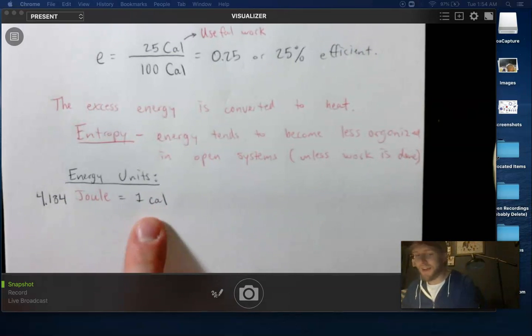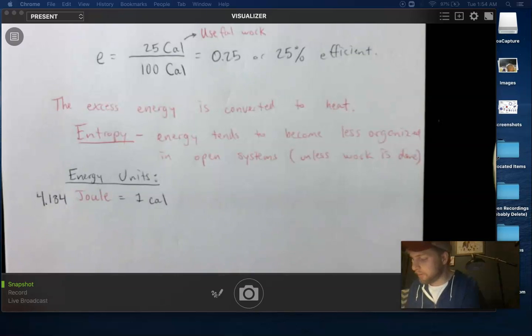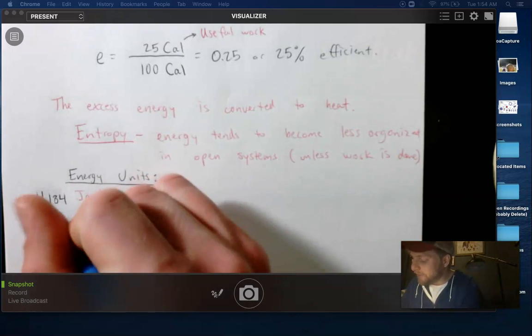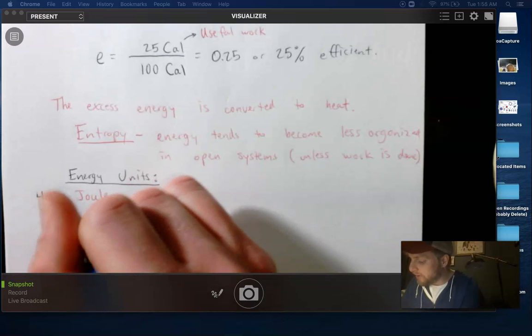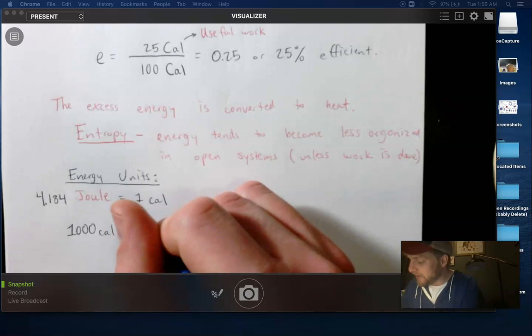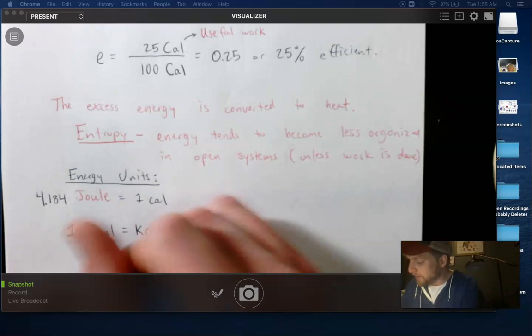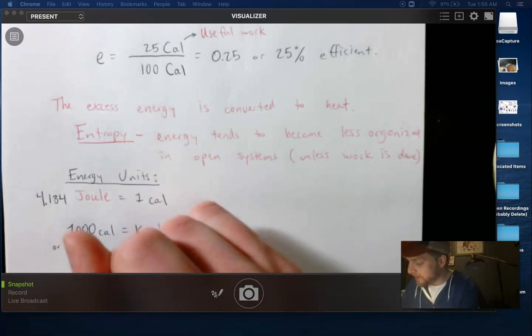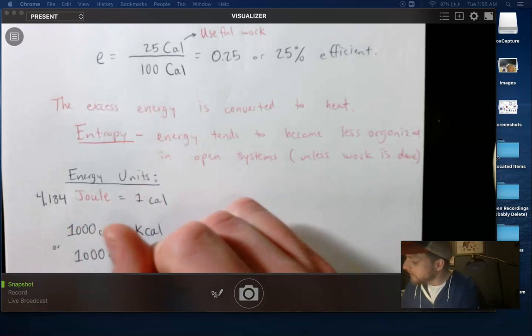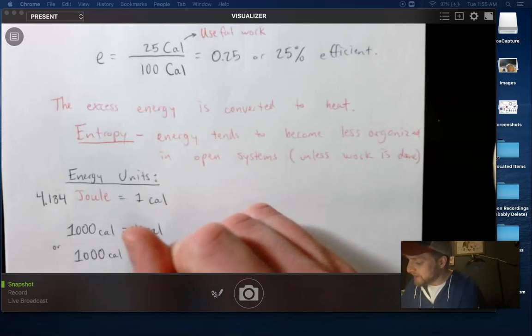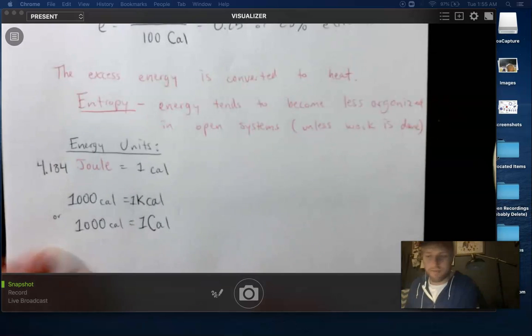Now, to be clear, this calorie is not the same calorie I was talking about before. So 1 lowercase calorie, or let's say 1,000 of those calories, is called a kilocalorie. Or in America, we usually just write it like this. So that's 1 kilocalorie, or 1 big C Calorie.